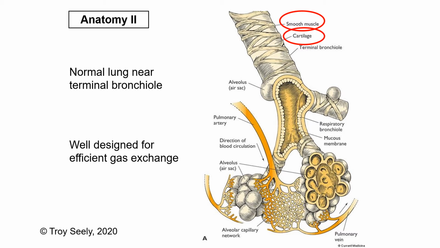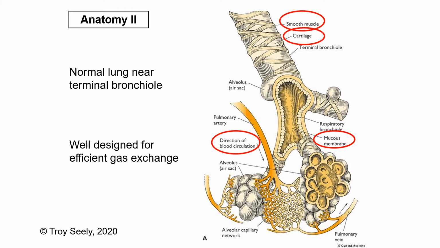As we transfer further down into the respiratory bronchioles, we can appreciate that in this region here we have a mucous membrane, and that can be found in multiple regions of the lung. Further, as we transition to the alveoli, appreciate that this is where we have a direction of blood circulation that's connecting into here. This is your pulmonary artery.